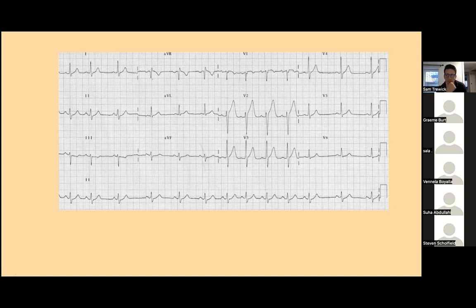And then the next thing I would do is look at the segments. So the PR interval, and then I would look at the ST segments to see if there's any elevation or depression, which I think there is in V2, 3, 4.